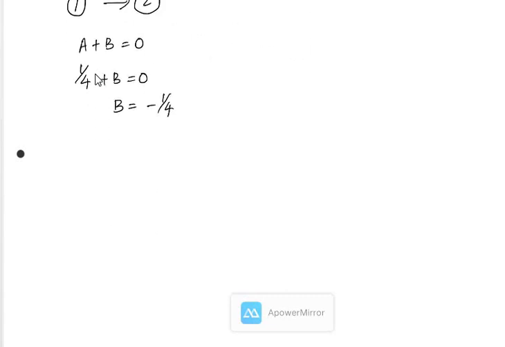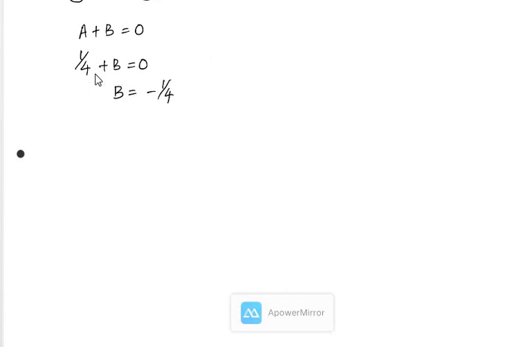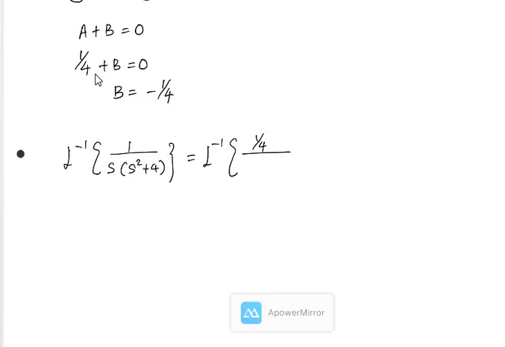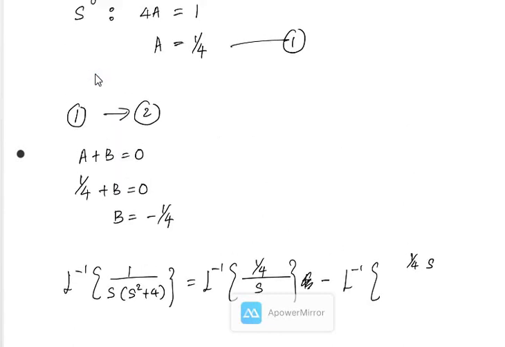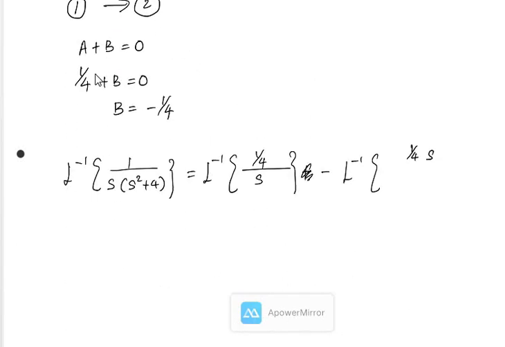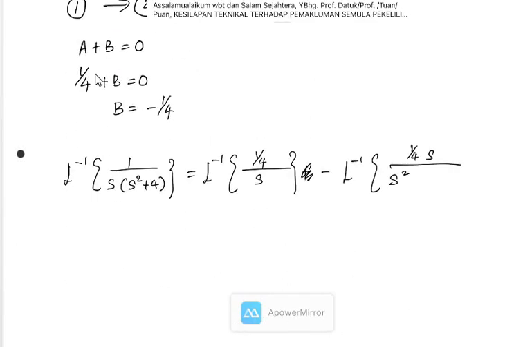Now I can substitute in the equation: the inverse Laplace transform of 1 over s times s squared plus 4 equals the inverse Laplace transform of the value of a, 1 over 4, over s, minus, because b is minus 1 over 4, the b term, plus c, and c is 0, then divided by s squared plus 4.